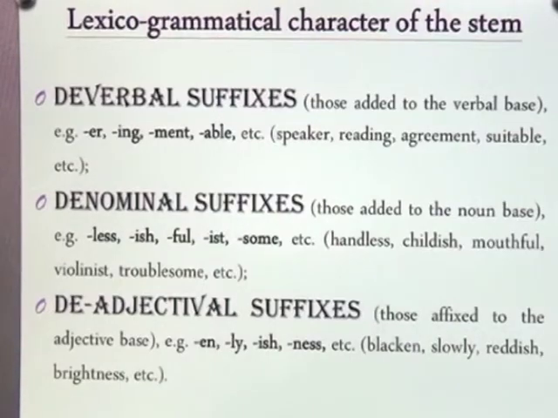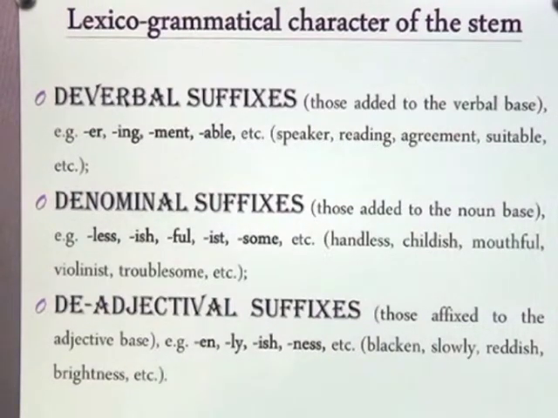Next, lexical-grammatical character of the stem. Suffixes can be deverbal, those added to the verbal base, for example, er, ing, ment, able: speaker, reading, agreement. Denominal suffixes, those added to the noun base, for example, less, ish, ful, ness, some.